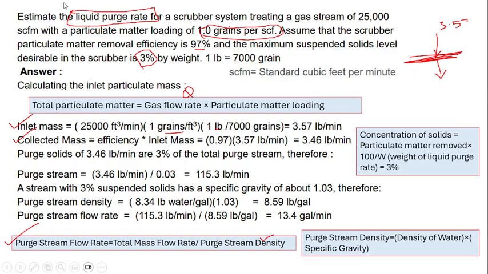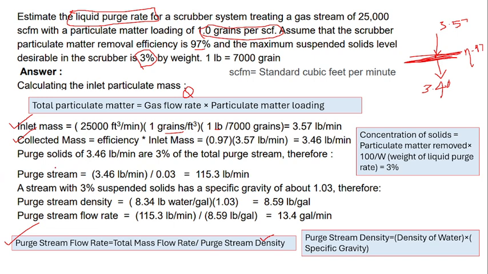The scrubber efficiency is given as 97%. So the collected mass is 0.97 times the inlet mass of 3.57, which is 3.46 lb per minute.